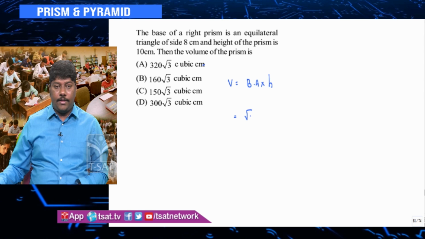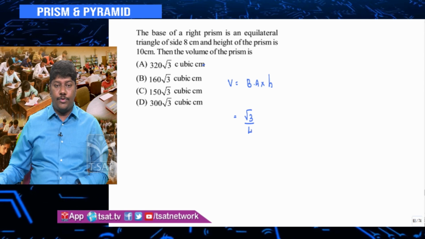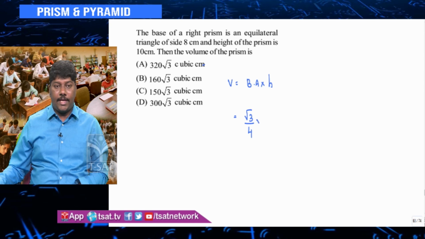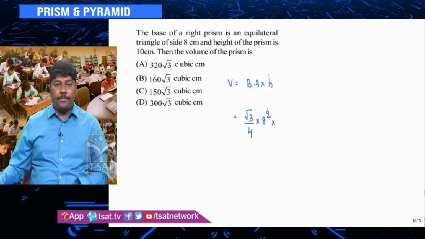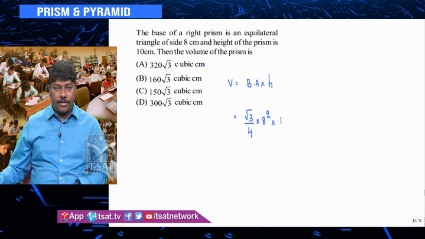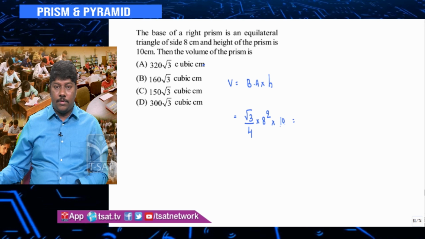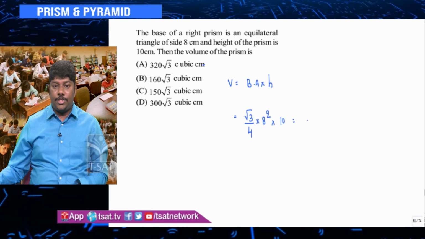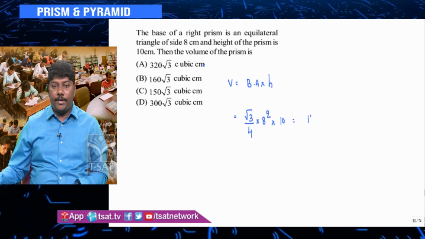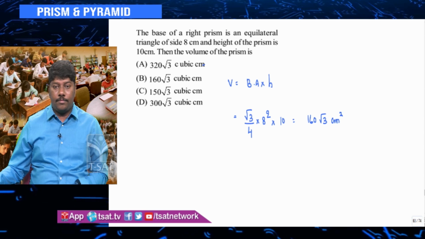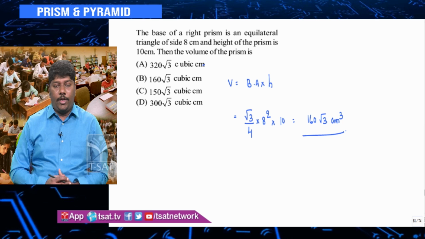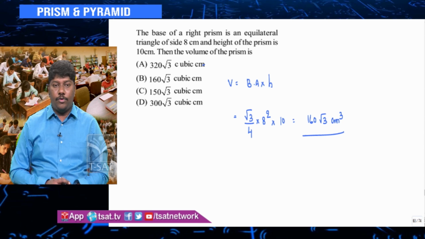The base area of an equilateral triangle is √3/4 a square, where a square is the side squared, 8 square. The height of the prism is 10 centimeters. So 64/4 is 16. 16 into 10 is 160√3 centimeter cube. So that is the volume. Simply do base area into height.